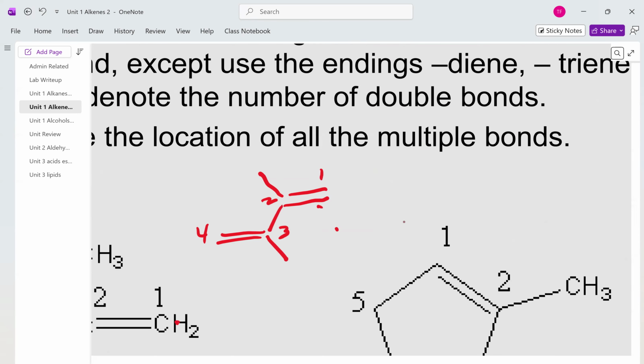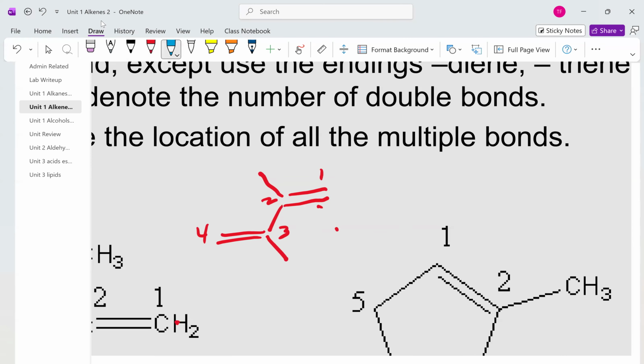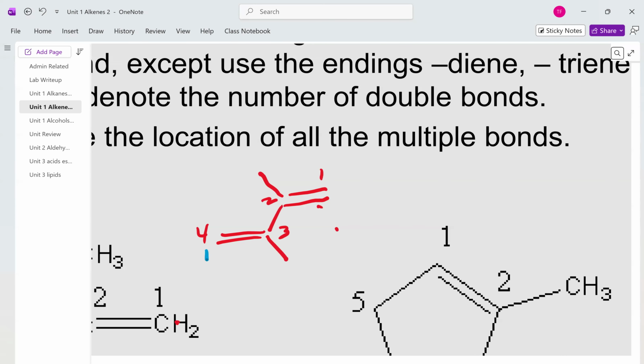Now, in this case, it doesn't matter which way you number because of the symmetry. Okay, if we use the blue numbering, the first double bond appears in carbon number 1 and carbon number 3. If we use the red numbering, it's on carbon 1 and carbon 3. So both of them are equal.